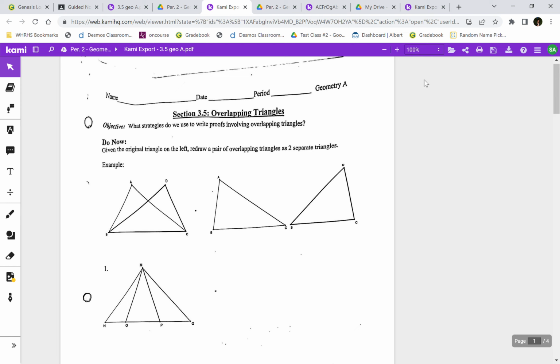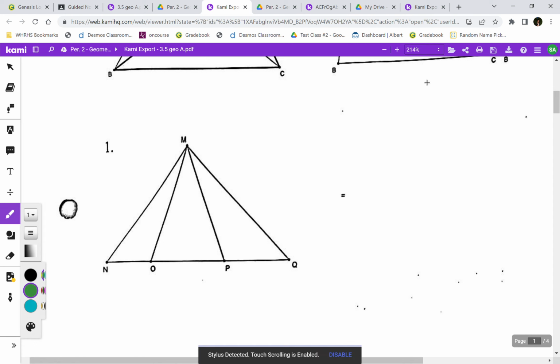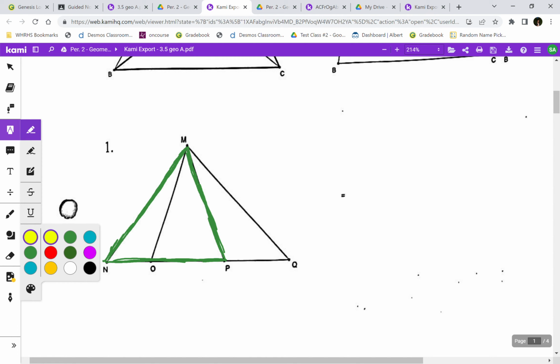Connor. N and P and Q. You got it. So I'm going to highlight and outline these. So triangle M and P, which I'm outlining in green. That's going to overlap with triangle MOQ.